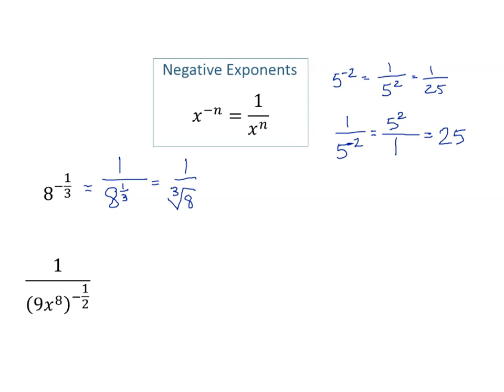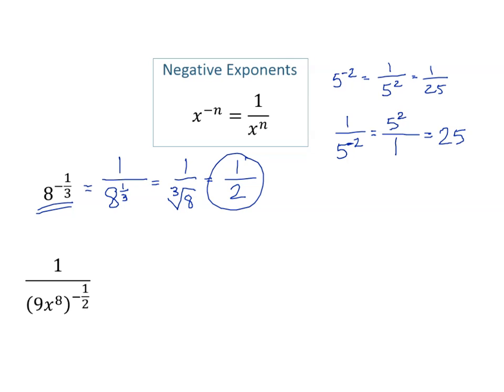So it would look like I'm doing this. And so I gave you a minute there to think about what the cube root of 8 is. Did you come up with it? All right, so you should have gotten 2. So this equals 1/2.